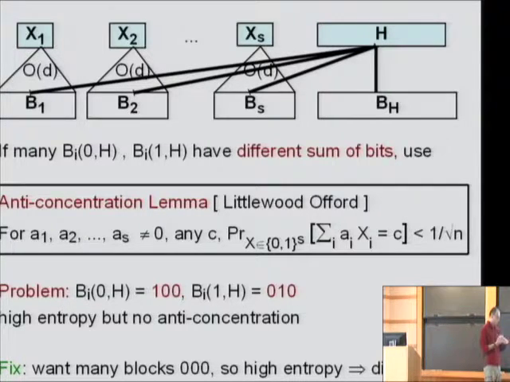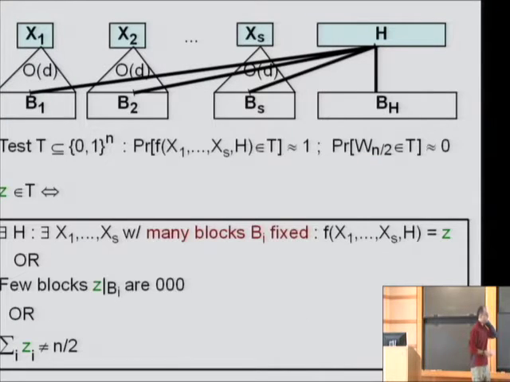So if you have a block that's alive, it's not fixed. One of the two values is the all-zero string. The other one must contribute to anti-concentration. So the final test which does it is this one here. I'm going to define my test T. I have a challenge Z, and I have to tell you if it comes from the function or if it comes from the distribution W_{1/2}.